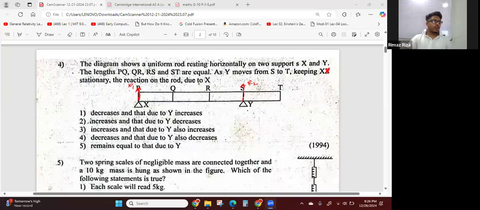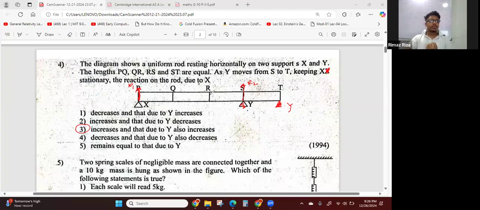Okay. So my intuition, the answer is 3: increases and that due to Y increases. Now, if you consider this position, when Y is here, both X and Y have to bear the weight.